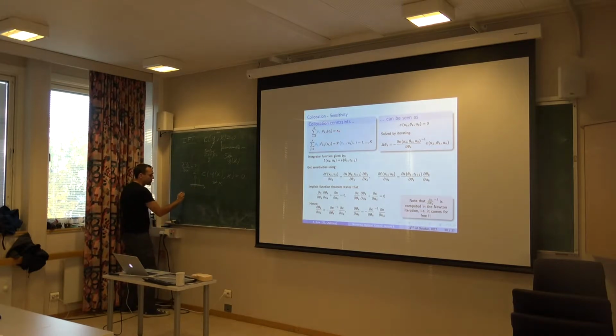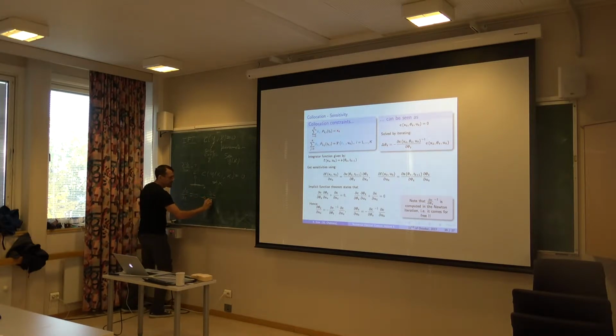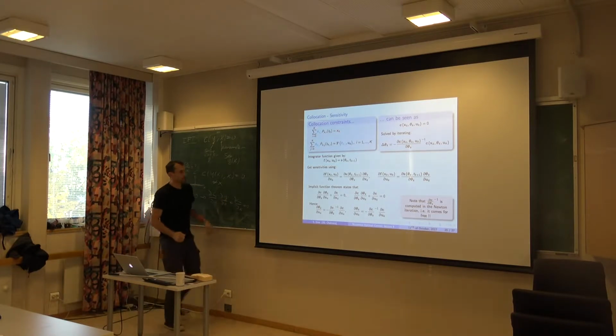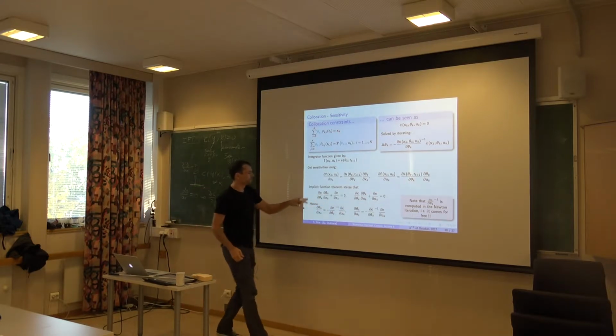So if you do a total derivative of c with respect to x, this should be 0, right? Because the function is never moving. And if you unpack this, it's then just a chain rule. That's del c del y del x plus del c del x equals 0.